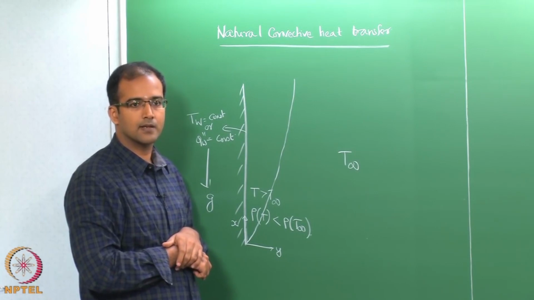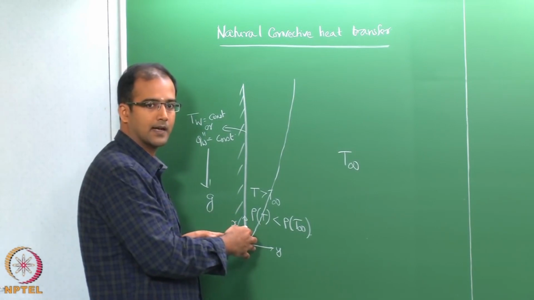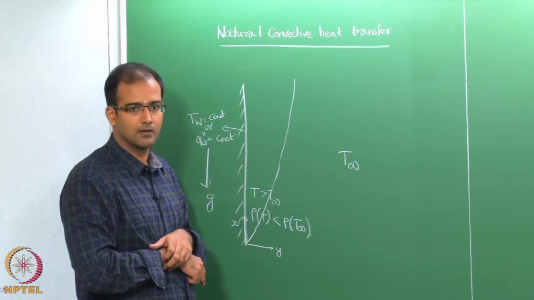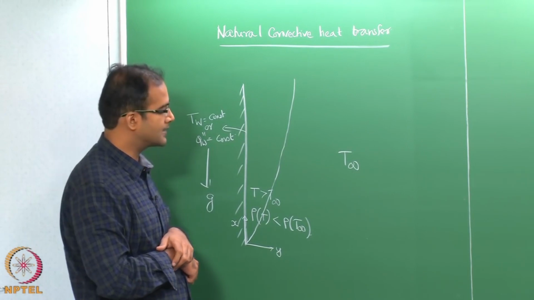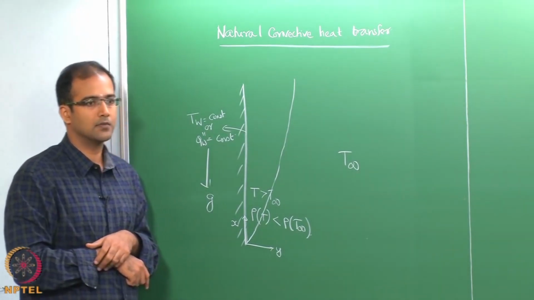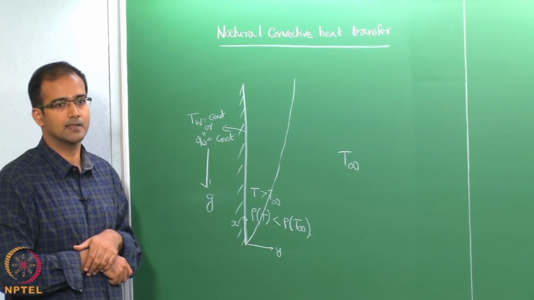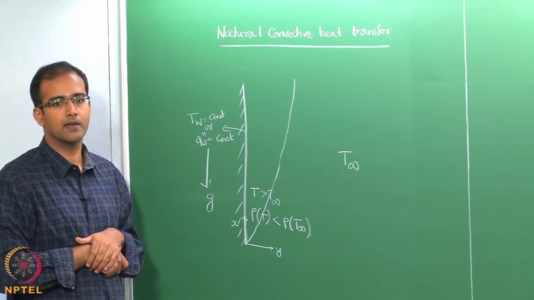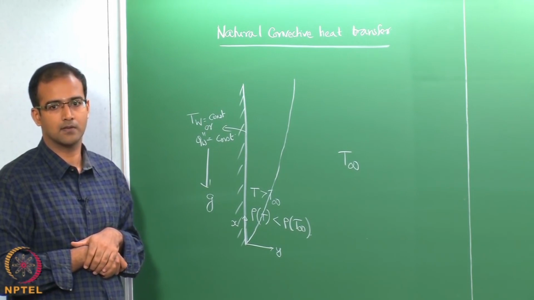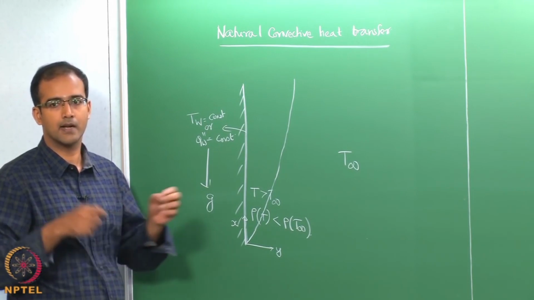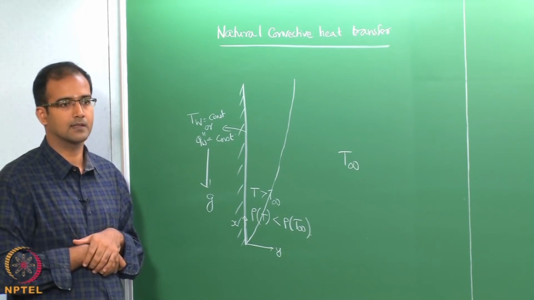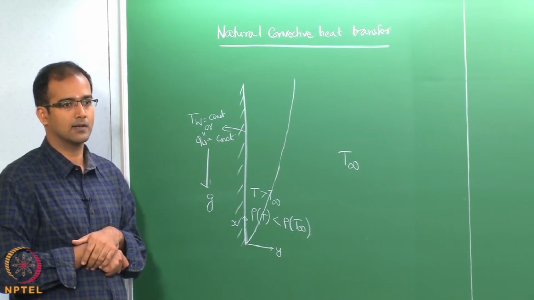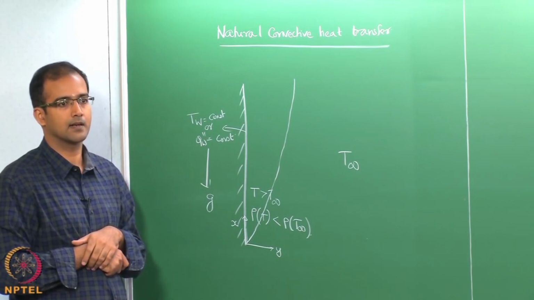This density difference will cause the lighter air in contact with the plate to rise up, and therefore a boundary layer is formed. So, you can very clearly see that the cause for the boundary layer is essentially the temperature difference. The temperature difference is the driving potential in the case of natural convection, unlike the pressure gradient in the case of internal forced convection or the external flow of air or water in the case of external boundary layers.